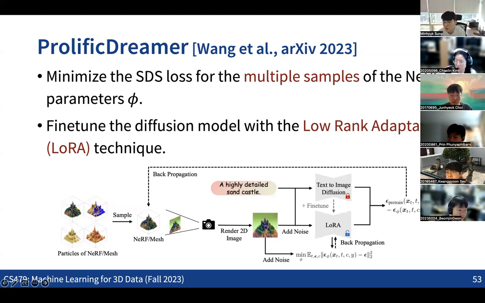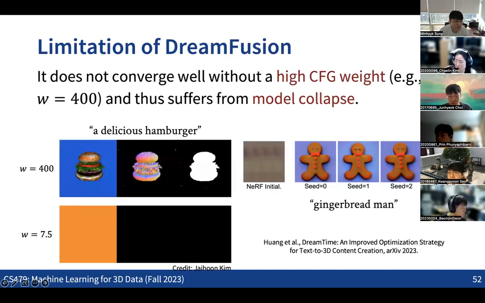Why is it okay to use a high guidance scale? Actually, for getting realistic images, it's not good to use a high weight for the classifier-free guidance.